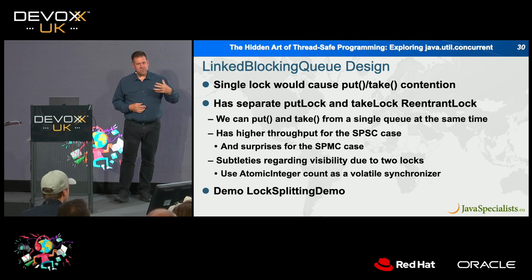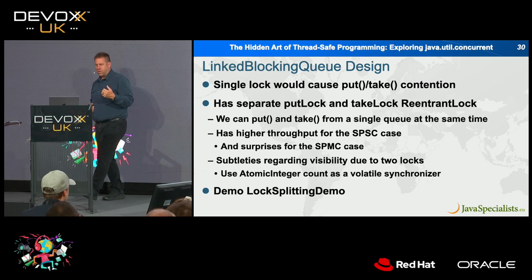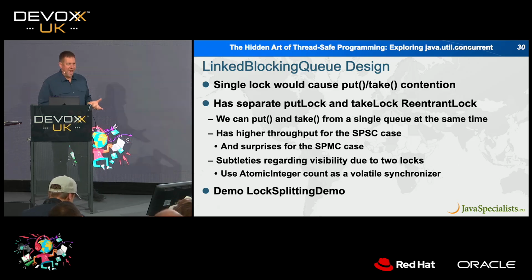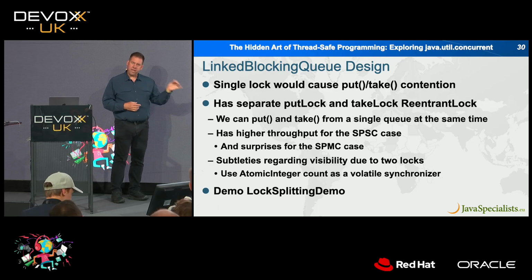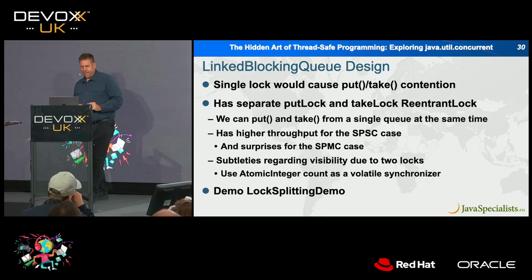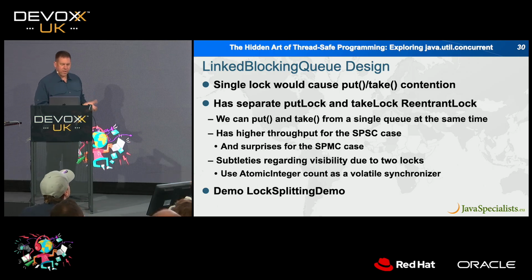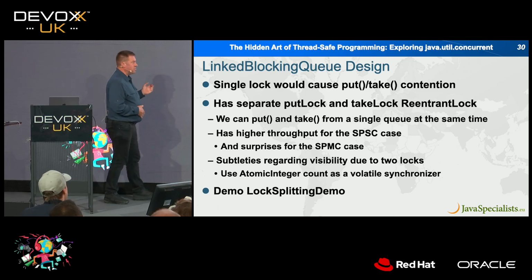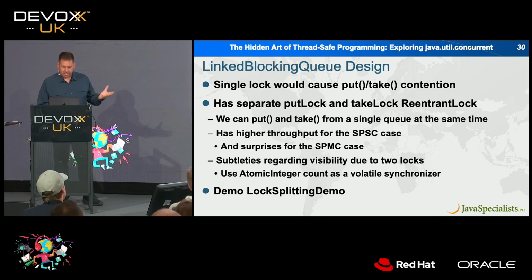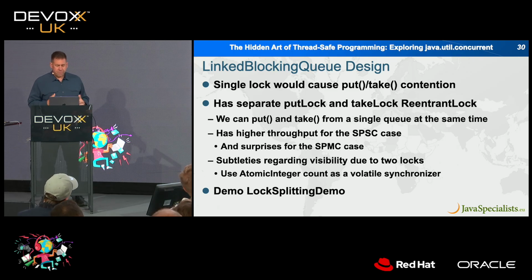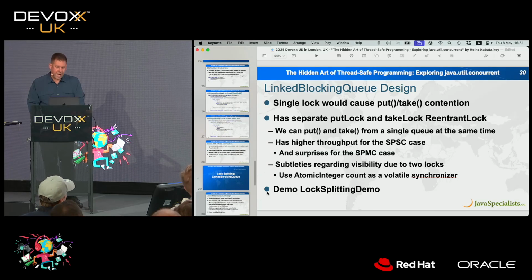Atomic integer count is volatile inside, and so they piggyback off that to make sure the changes are visible in the right place. It gives you better throughput for the single producer, single consumer case for the LinkedBlockingQueue, but for the single producer, multi-consumer case, it's not necessarily as obvious.